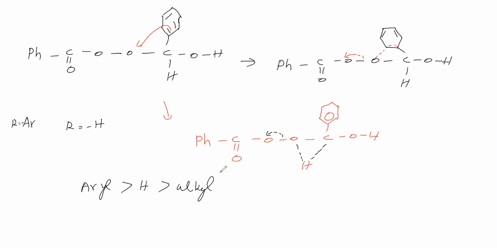Now we will see, among the different aryl groups, how the migration tendency will be. One we will take is para-toluene, in the sense CH3 will be there. This CH3 is an electron donating group.